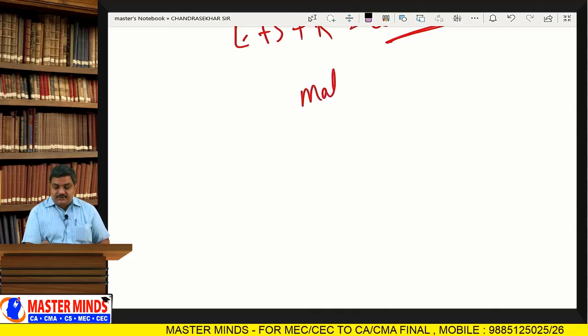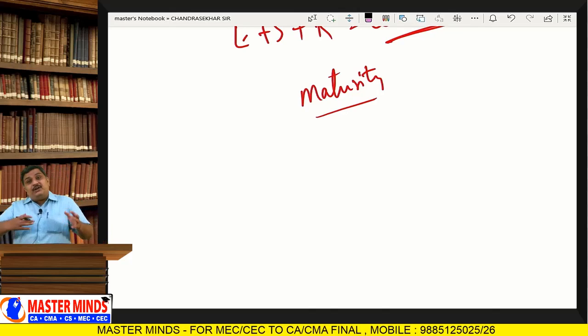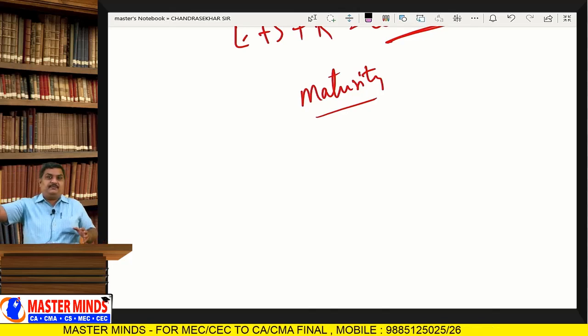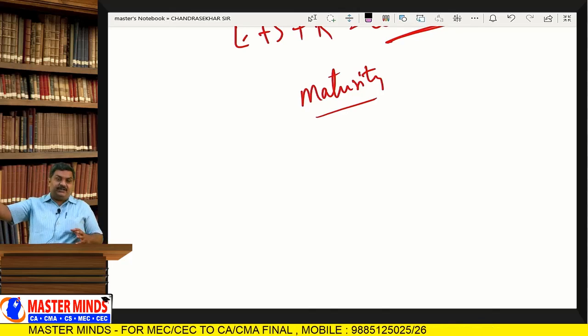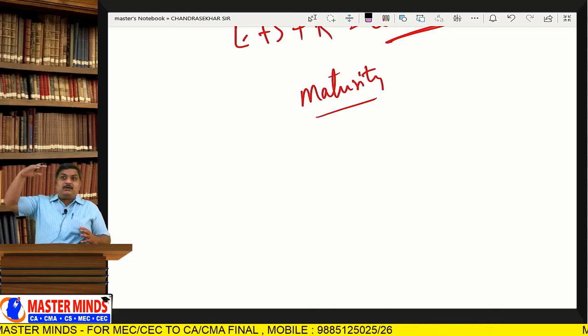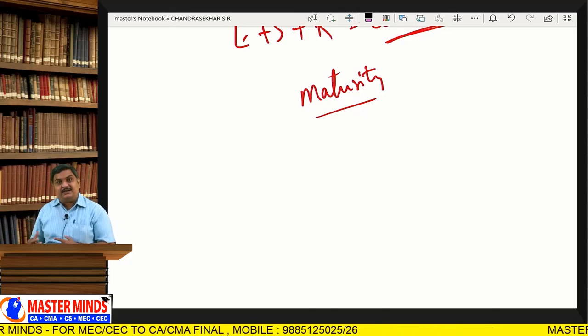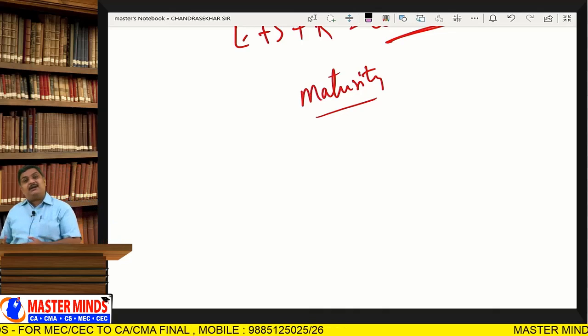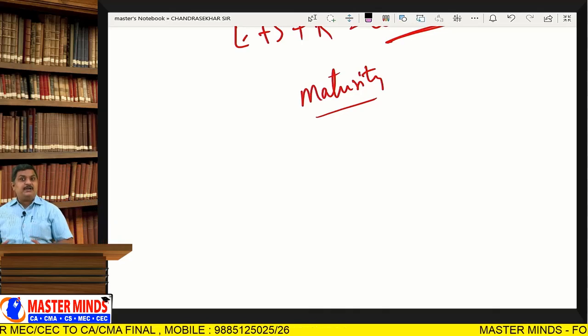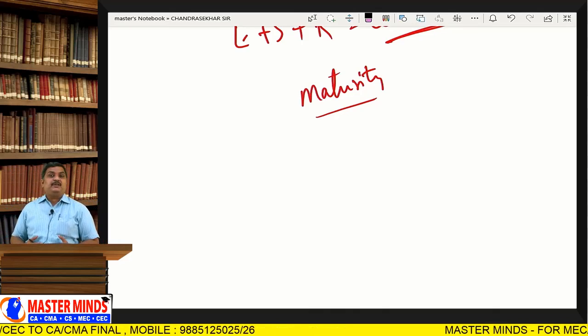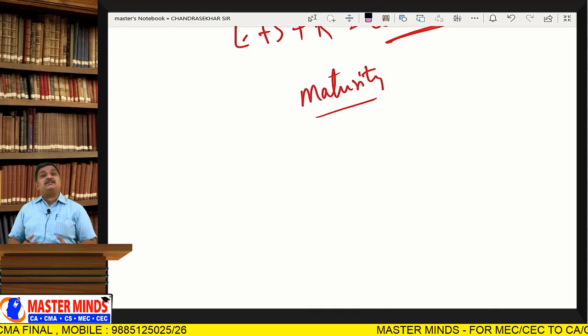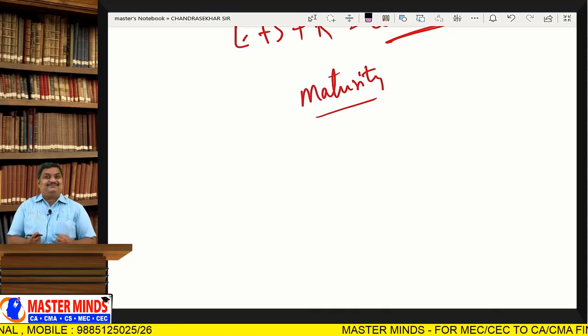In the maturity stage, what happens? Already you made a very long journey, and now you are having some position in the market. You have a certain share in the market. You have already enjoyed some good returns. Now, what you have to do? Now, you have to focus on consolidating.